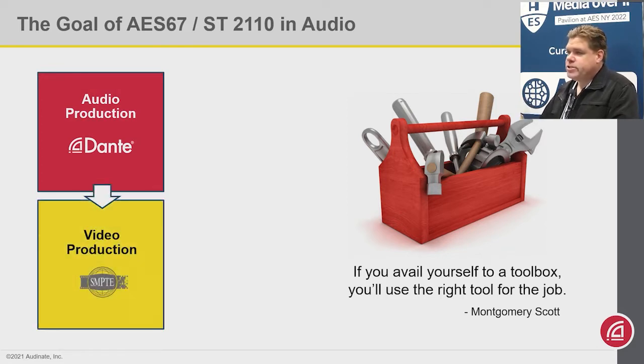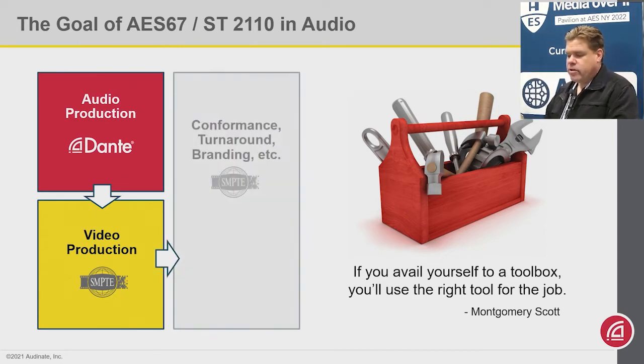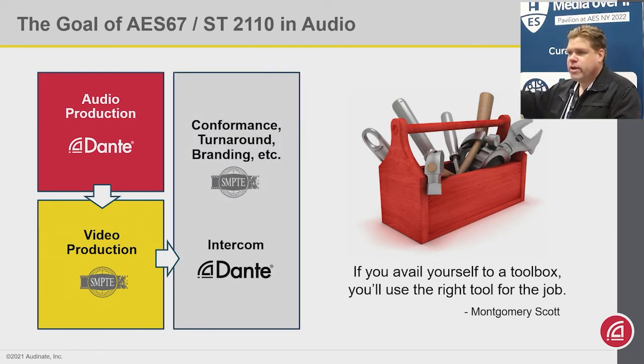The video production team could very well be using 2110. Great, we can produce on Dante, send them a 2110 stream, we're compatible, and you go down into the conformance and the turnaround and the branding facilities, that can all be 2110 as well. So it's just a structure on where you're going to be able to find these things and where we saw that being appropriate.